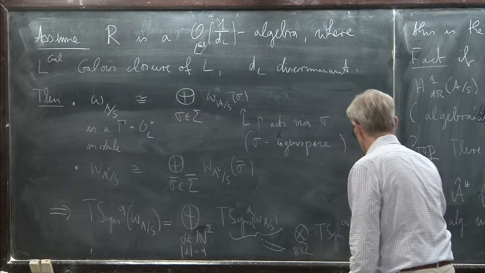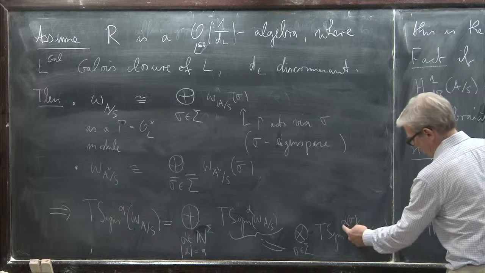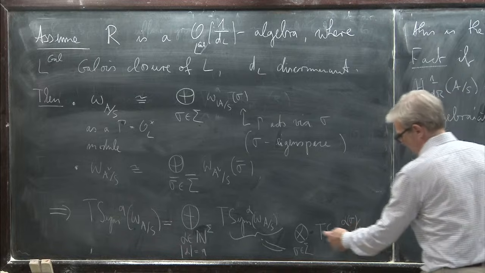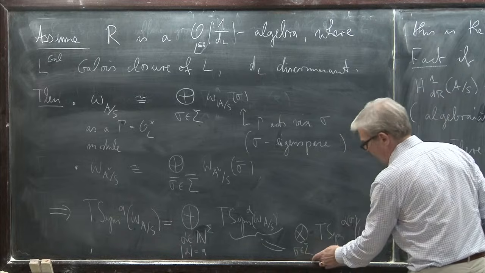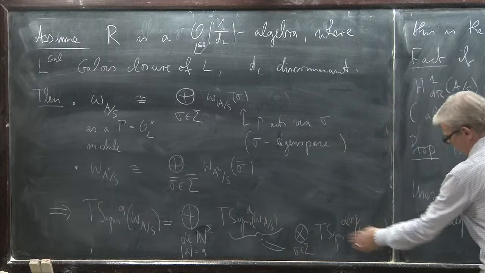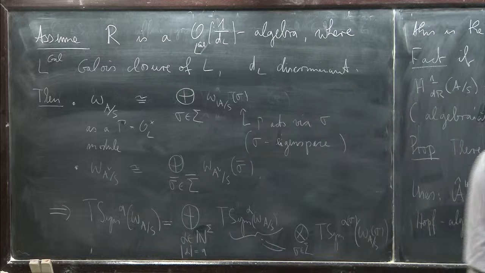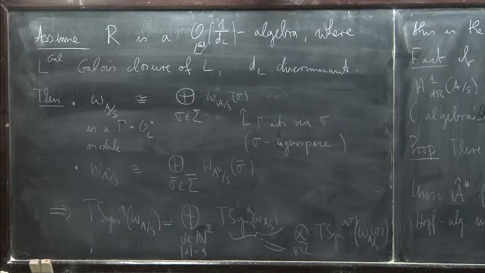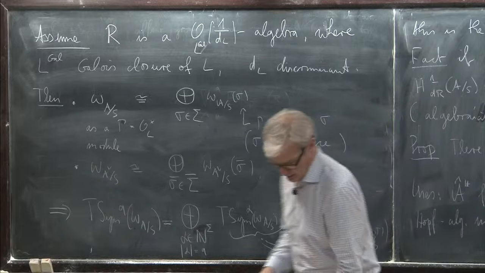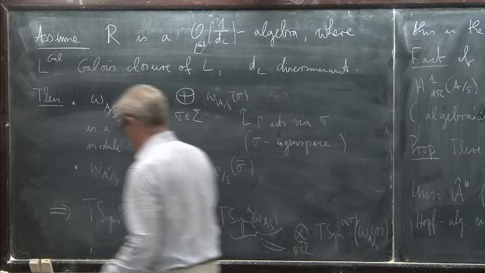This is some sheaf. I take it to the alpha sigma power, take the tensor product over all sigma in Sigma, and this I denote by this. And that's now a complete decomposition here. And of course, similarly, we have that for the B-th tensor symmetric power.